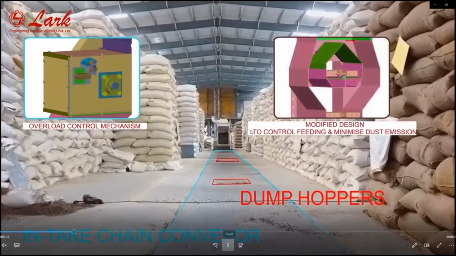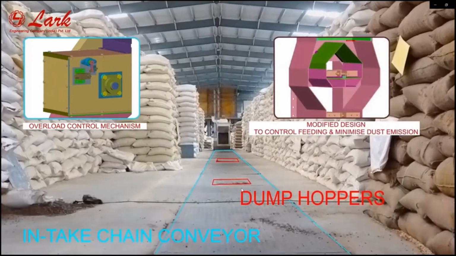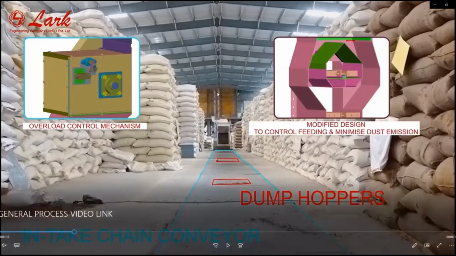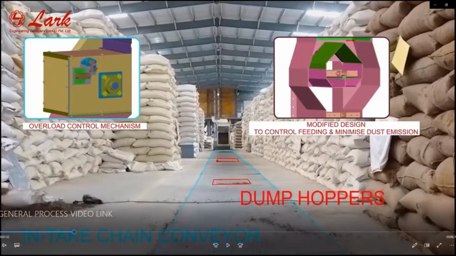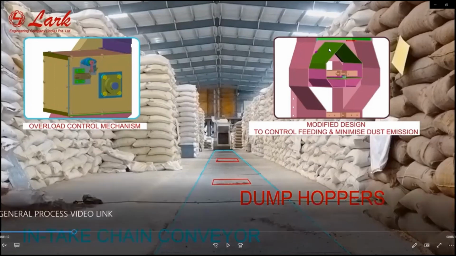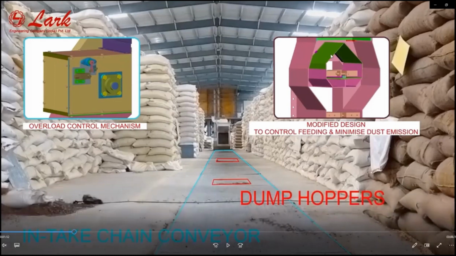And one thing more to reduce the dust emissions, because the moving buckets of the elevator produce air, and that air is released through the opening point of the intake chain, and there may be back pressure while putting the material. To control the back dust emissions from the intake chain conveyor, there is a modified design dump hopper so that only material goes down the intake chain.